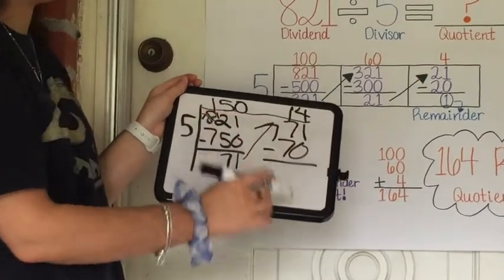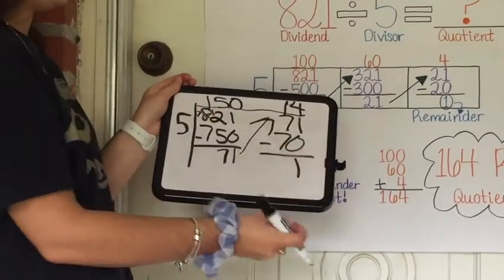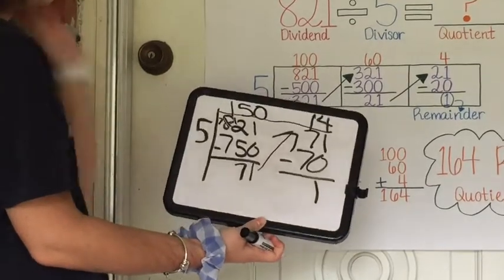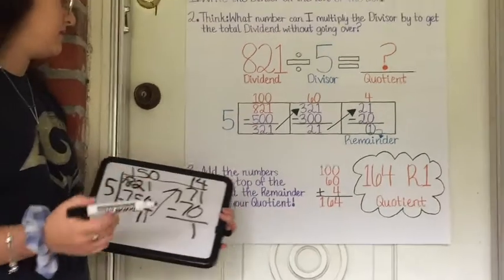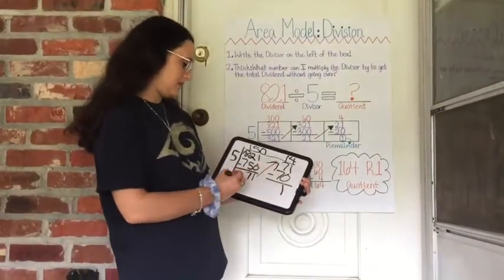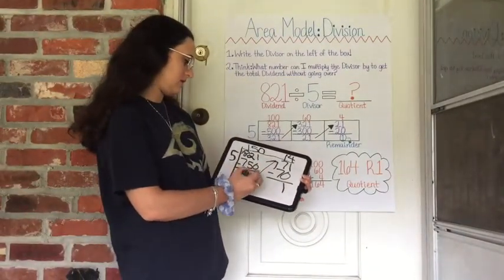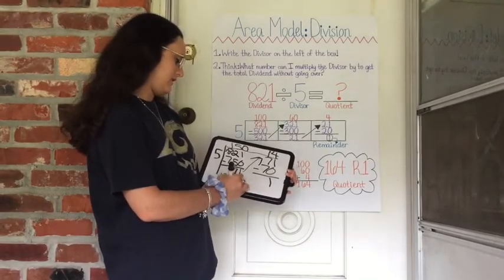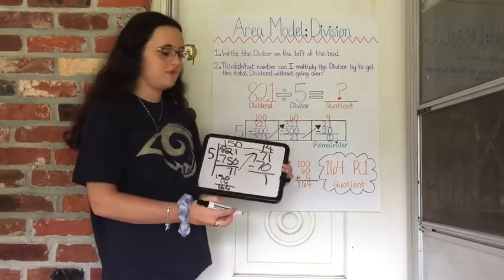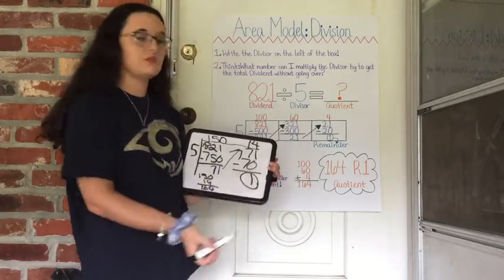And again, you would subtract, and you would get 1. And as in step 3, the next thing you're going to do is add the numbers on the top of the box. So we have 150 plus 14, and that would give us 164 with a remainder of 1 again.